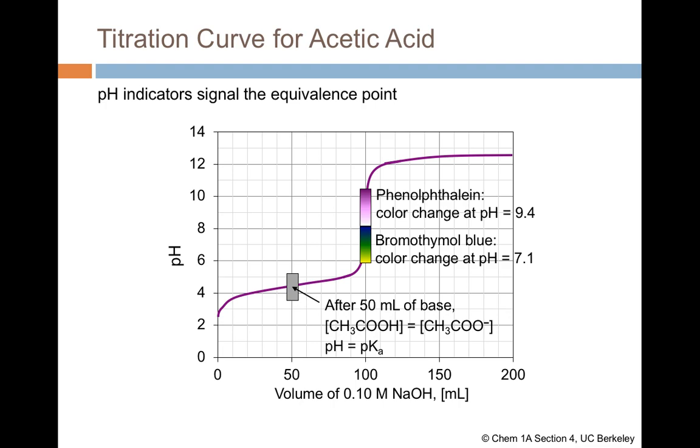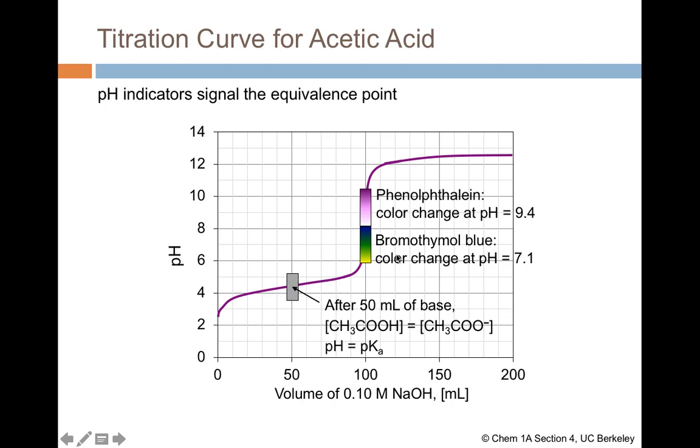Notice that this is distinct from the weak acid conjugate base equimolar moment that happens for the acid you are trying to analyze, right? So that equal concentration of, in this case, acetic acid and acetate occurs not at the equivalence point, but at the halfway point to the equivalence point.